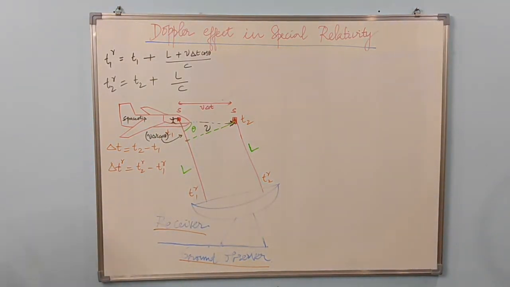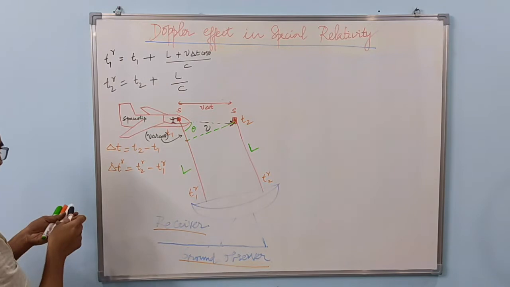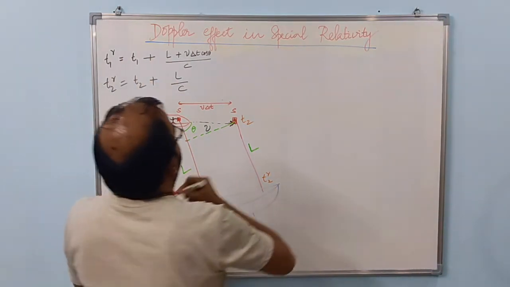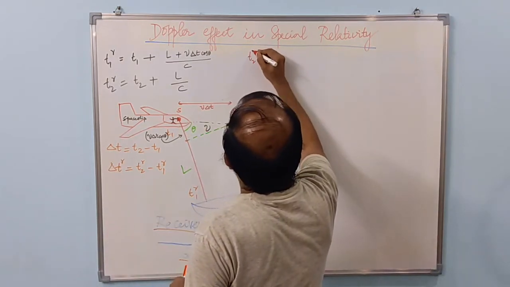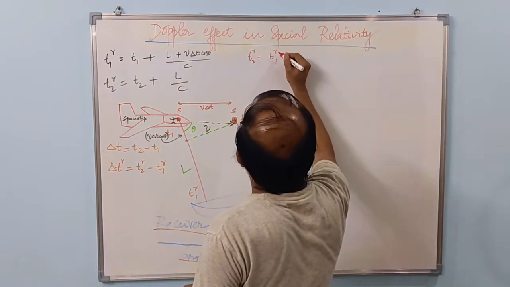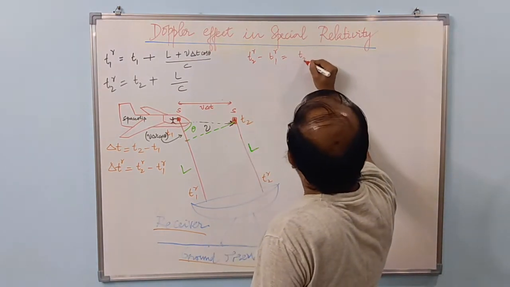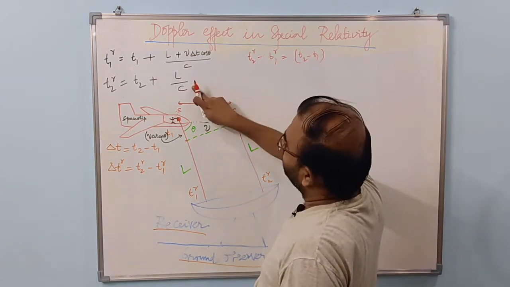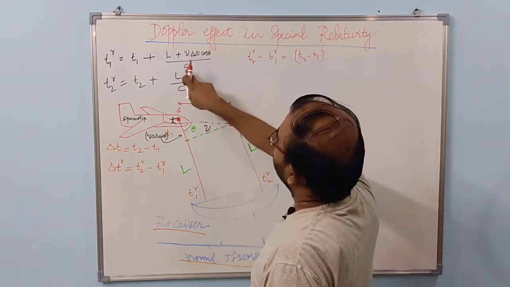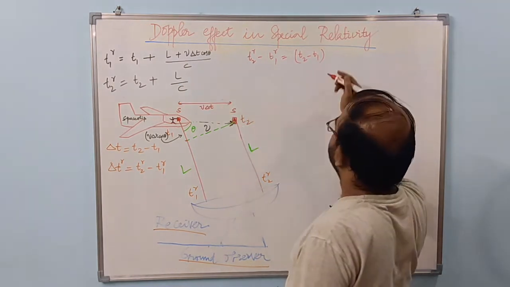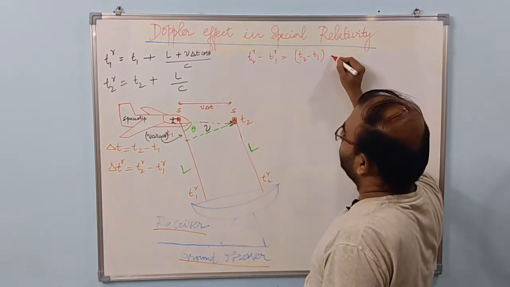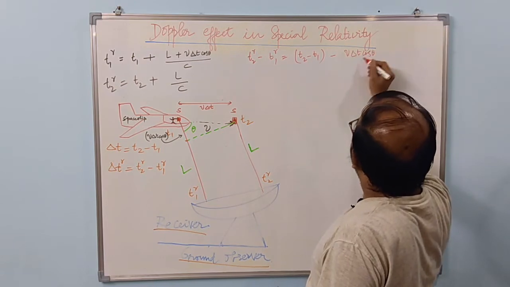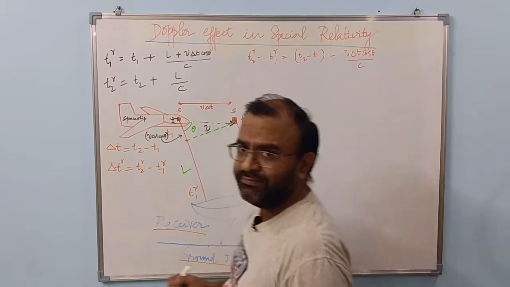right? Now we can subtract these two expressions to get t2r minus t1r is equal to t2 minus t1, and then this term will be the extra term because L over c is common to both, so that will cancel. So minus V del t cos theta over c, this is the extra term.